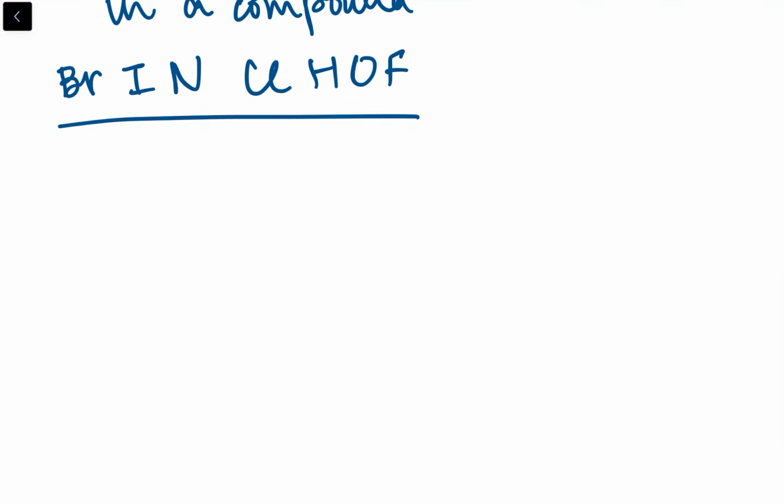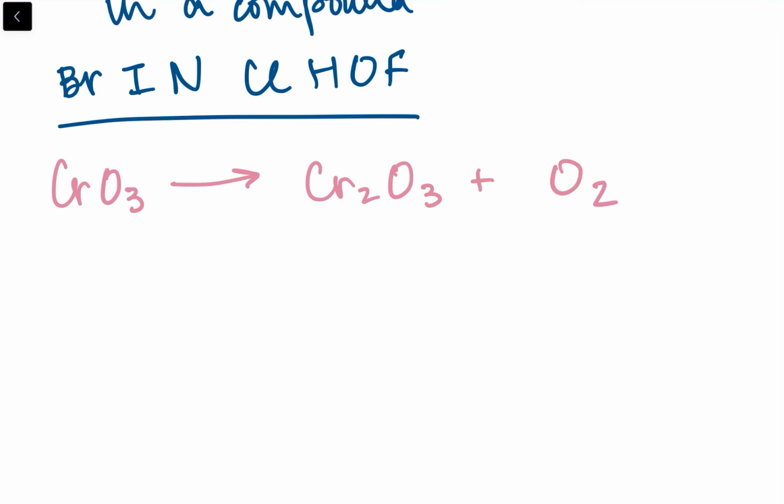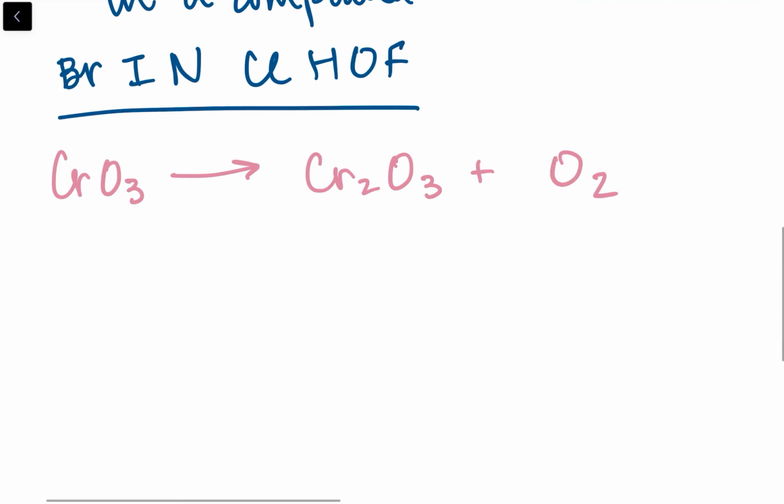So you can write CrO3 equals Cr2O3 plus O2. Now, right off the bat, I see oxygen right here, and I know that this is diatomic because of the 2 on the subscript as well. So we can begin by creating our element inventory on both sides of the equation.